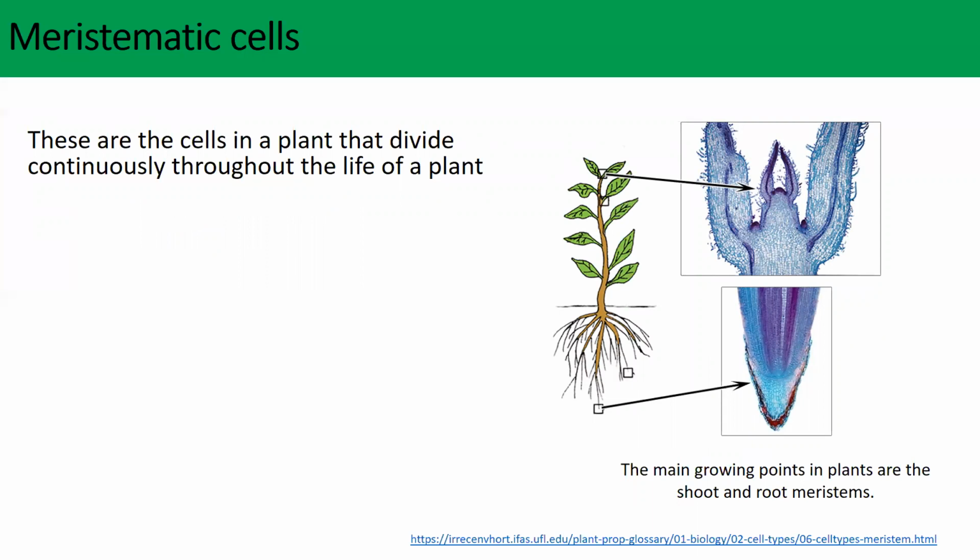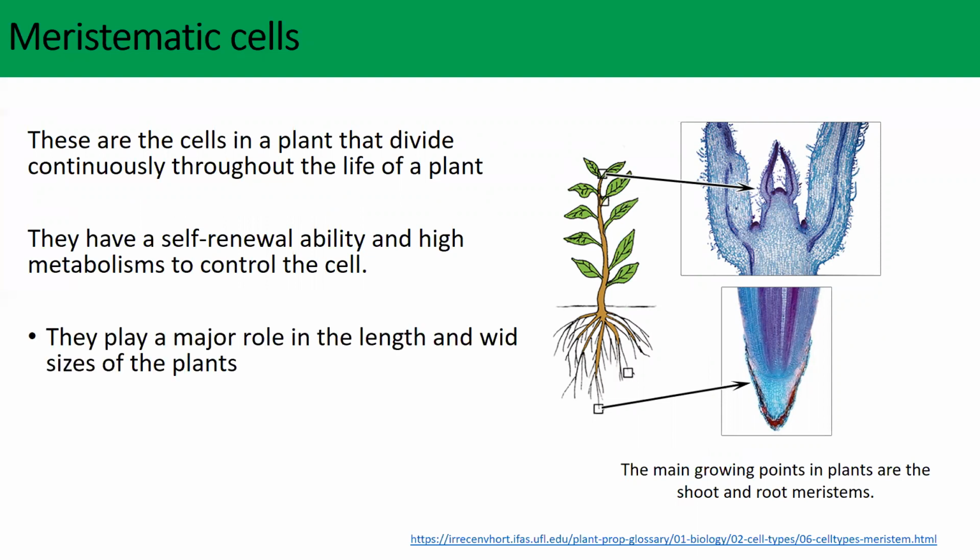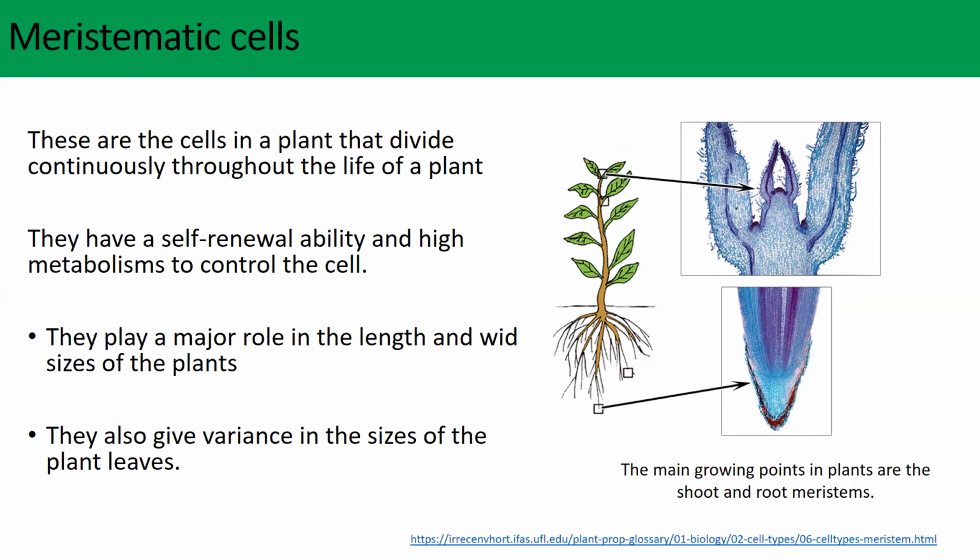These are the cells in the plant that divide continuously throughout the life cycle of a plant, and they have a self-renewable ability and high metabolism to control the cell, and they play a major role in the length and width of the plant. They also give variation in the sizes of plant leaves.